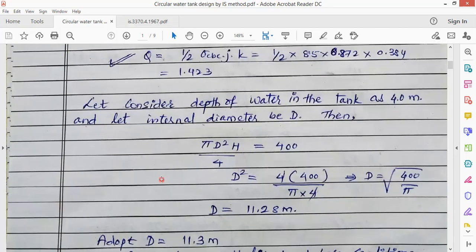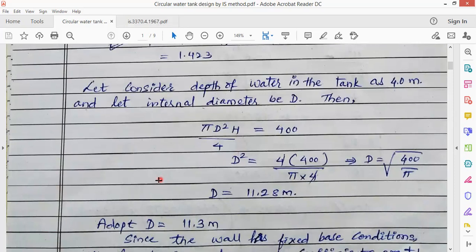Then the next step is to obtain the diameter of the water tank. We have a total of 400 meter cube capacity water tank to be designed. Let's consider the depth of the water tank as 4 meters, because the depth has not been mentioned.